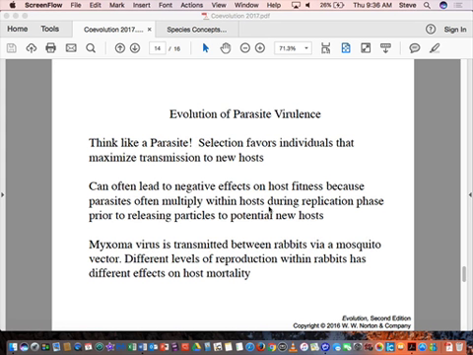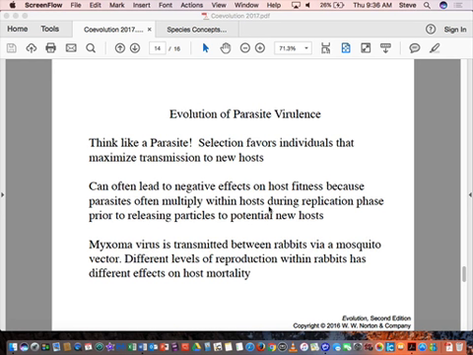We're going to look at a particular example of a myxoma virus that's transmitted between rabbits via a mosquito vector. Usually we see parasites having really strong effects on host fitness when they require another species to transmit them. The myxoma virus can't be directly transmitted from one rabbit to another.